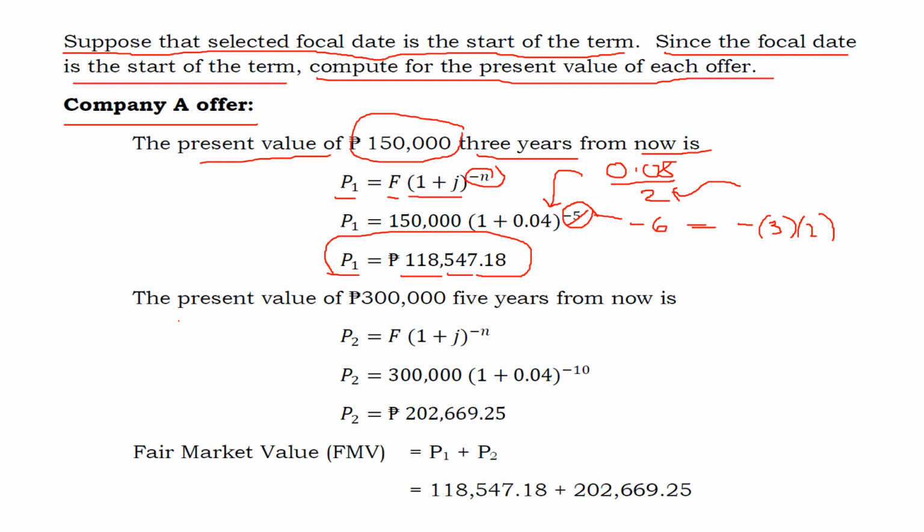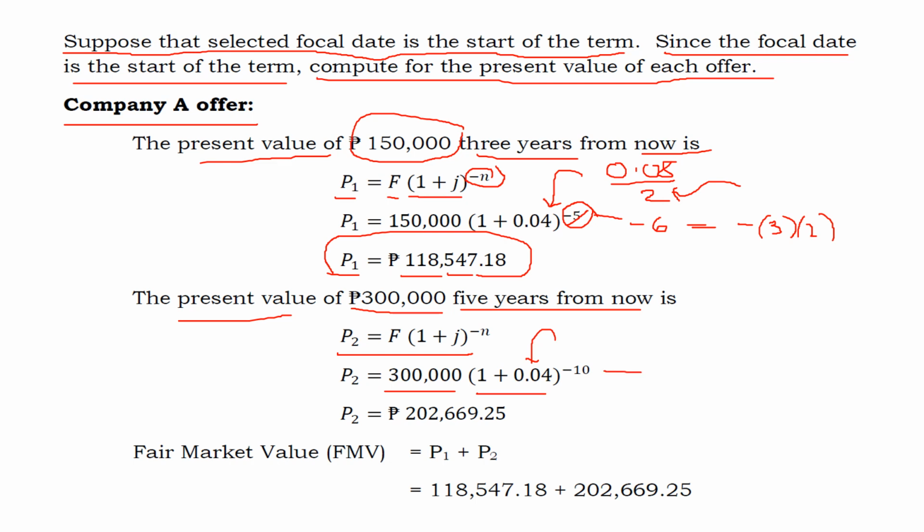Then the present value of 300,000 pesos 5 years from now is the same process on how we compute the present value using this formula. We substitute 300,000 multiplied by 1 plus 0.04. It's the same process on how we get the value of i for the present value of 150,000. That will be 0.08 divided by 2, so it becomes 0.04.